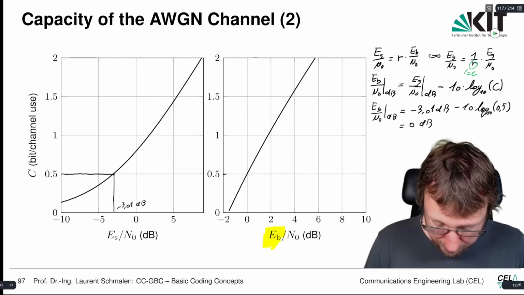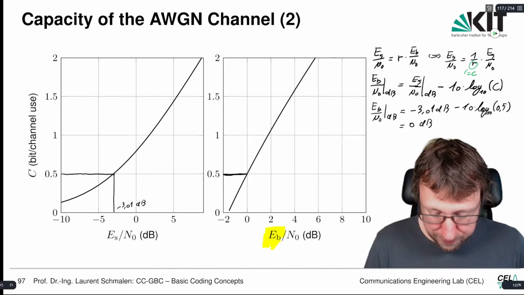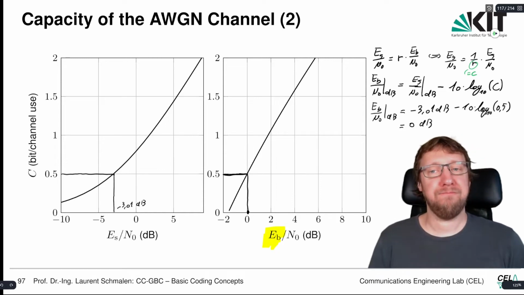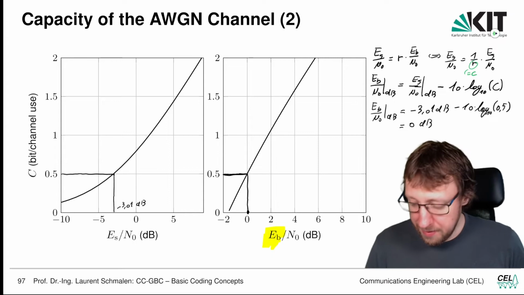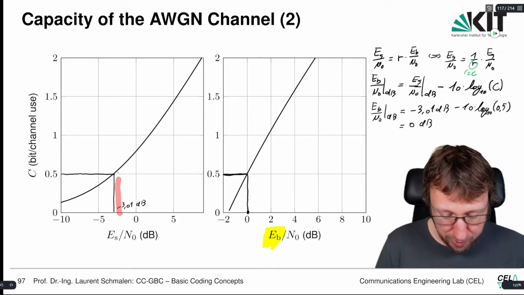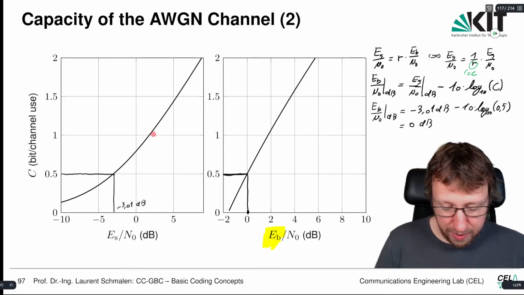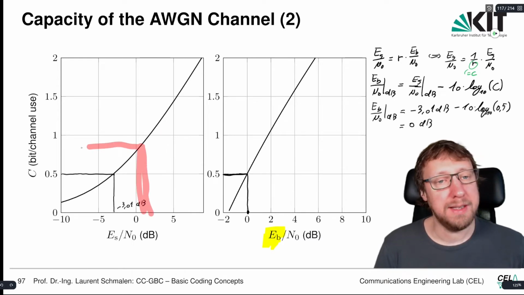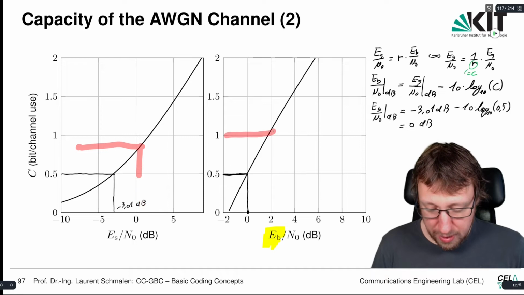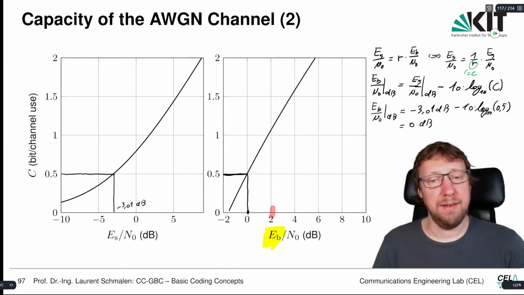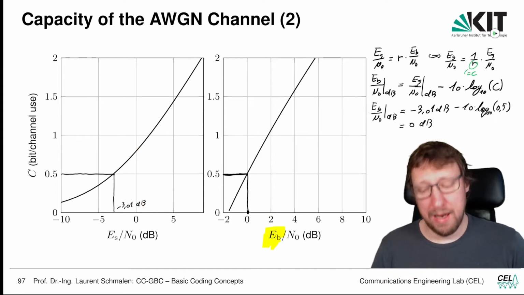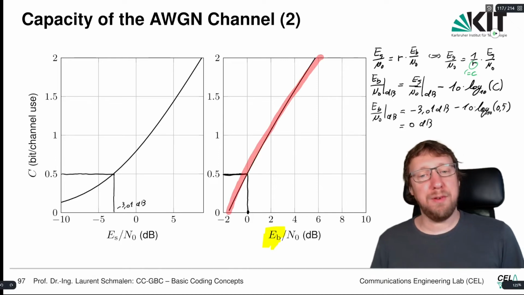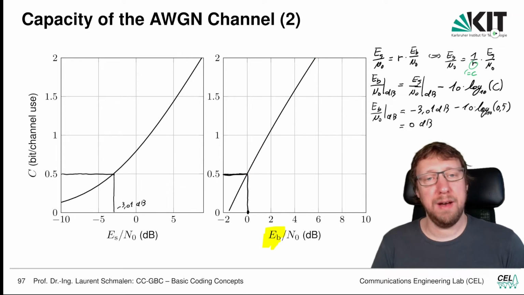So at a capacity of 0.5, we are at 0 dB. And now we repeat this for every other point. For every pair of points ES over N0 and C, we get a point EB over N0 and C. So that's how we can find this curve of the capacity as a function of the energy per bit divided by N0.